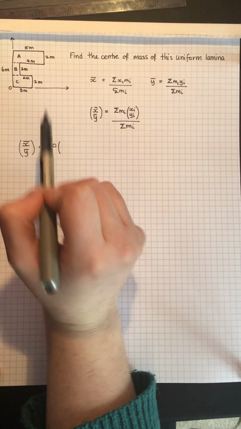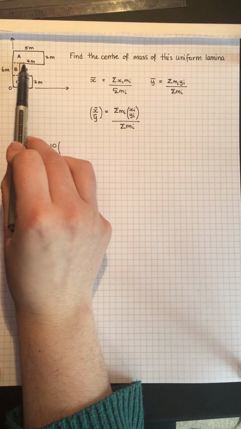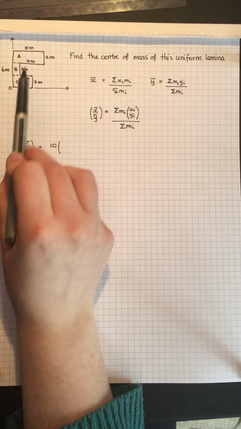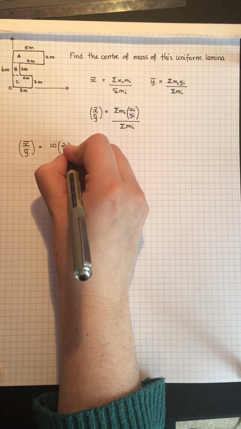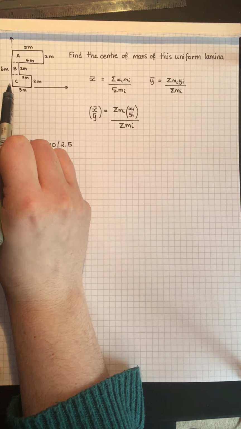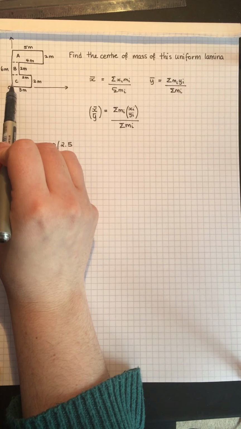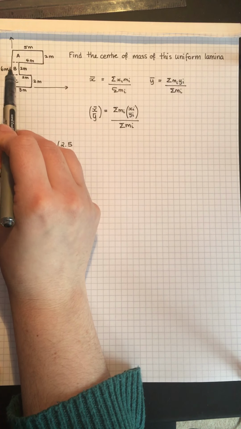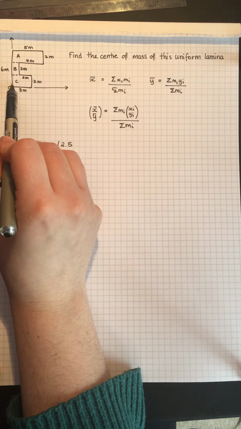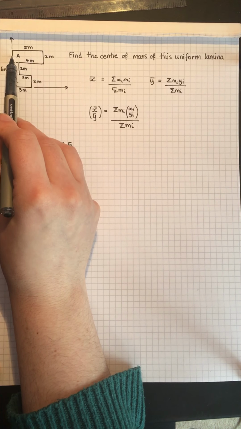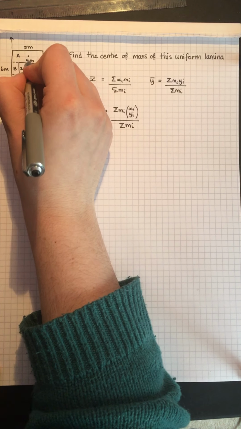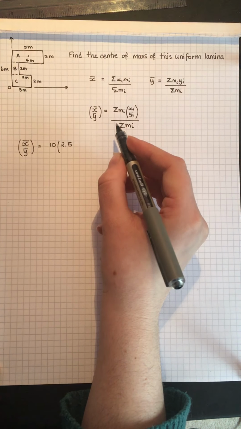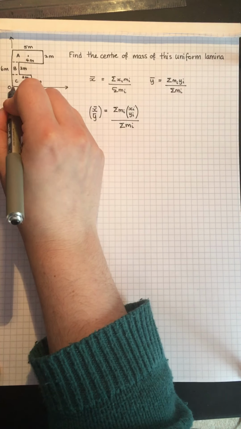And the position of that centre of mass is 2.5 that way from the origin, and 1 across there, but that is a total of 6, so it's going to be 5, because it's gone up by this 4, and then 1 more to be in the middle there. So it's 2.5 that way, and 5 up from the origin.